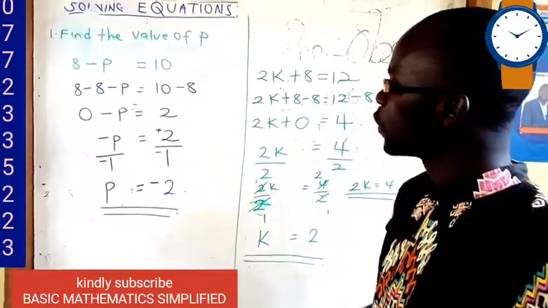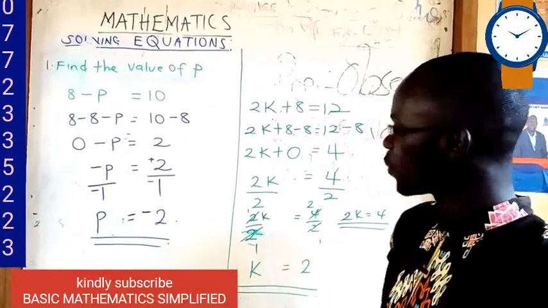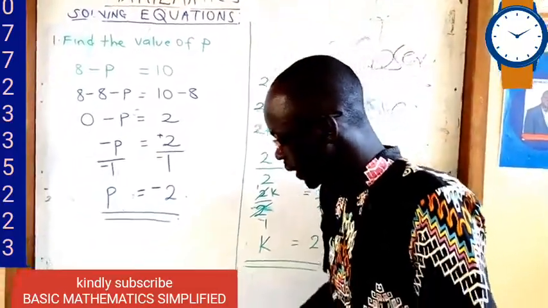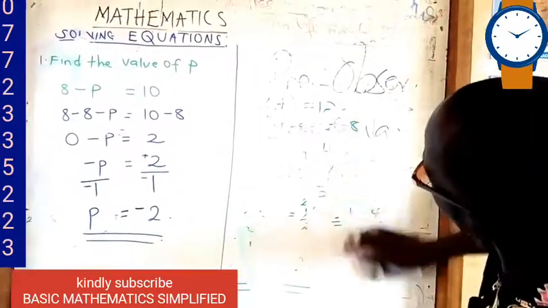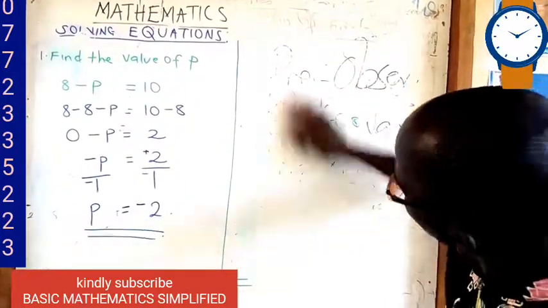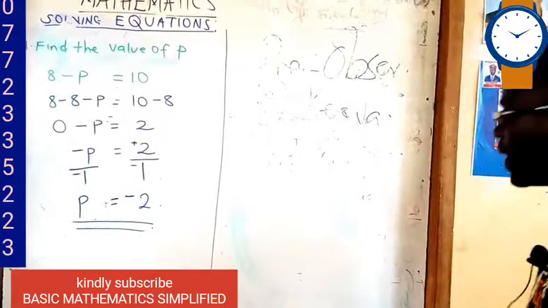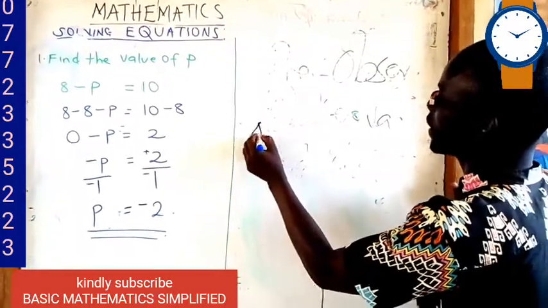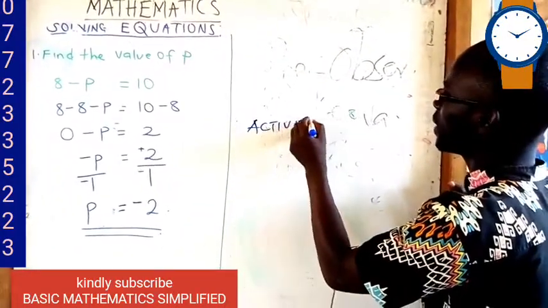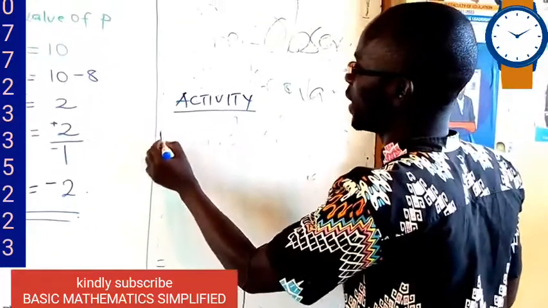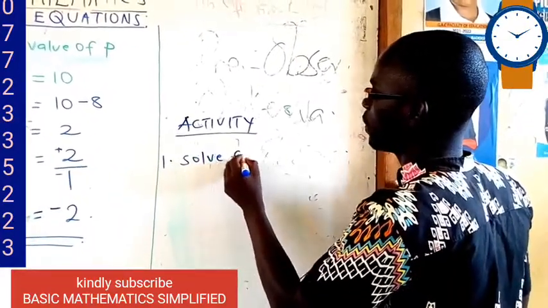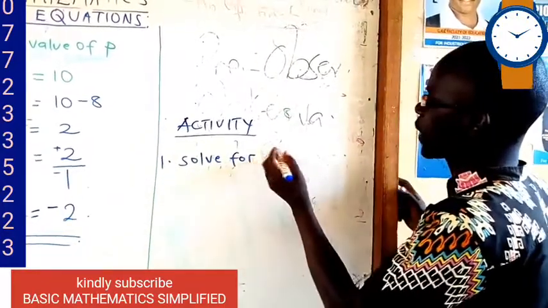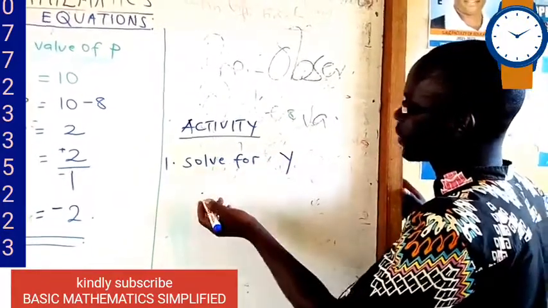So this time I'm giving you 2 numbers as your activity, such that you also try them in your free time and compare your answers. If they are right, I know they will be right. This is our activity. In activity 1, we have: solve for y.